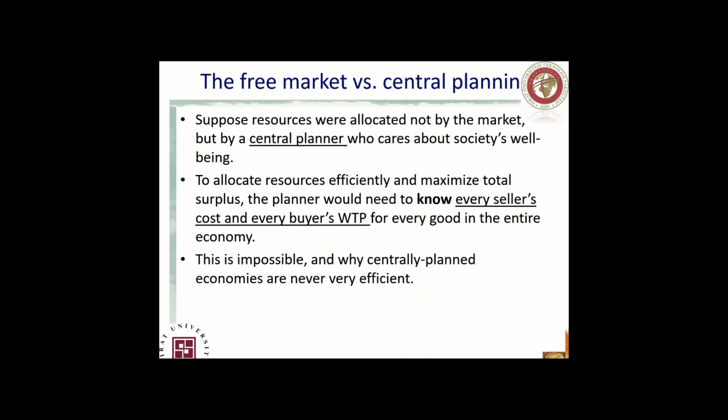So in that case, we don't need a central planner. Why don't we need a central planner? In order for us to achieve the maximum benefit from a market, we need to know the equilibrium. How can we know the equilibrium if we have the central authority, or if we are the central planner? We need to ask every seller and every buyer.